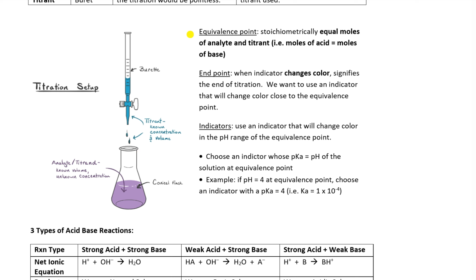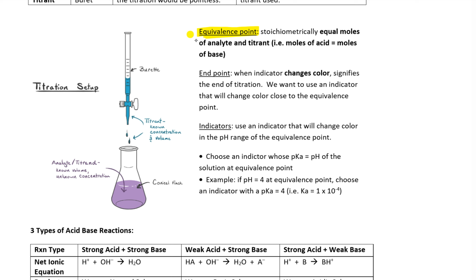So there's one key point that we need to focus in on titrations that's going to allow us to figure out the concentration of our analyte, and that is called the equivalence point. This is where you have stoichiometric equal moles of your analyte and your titrant.